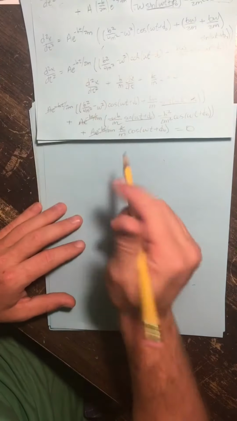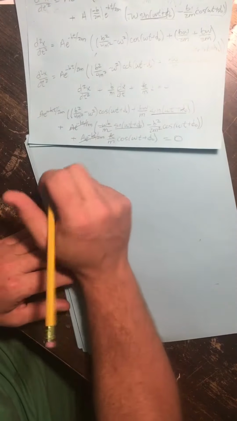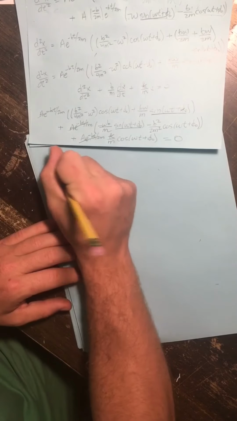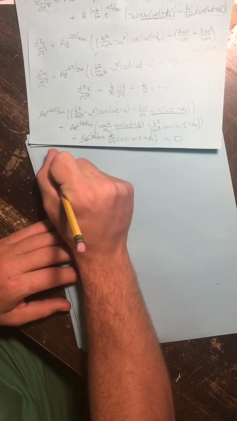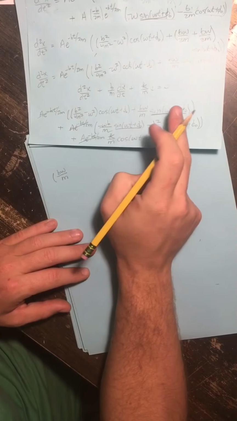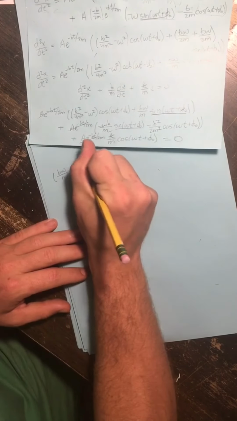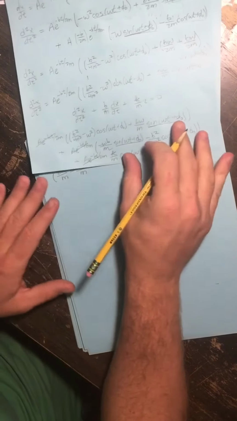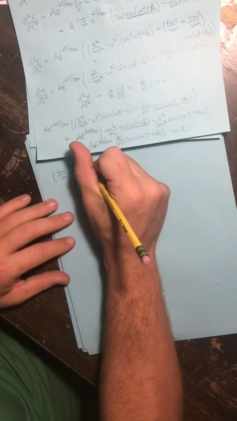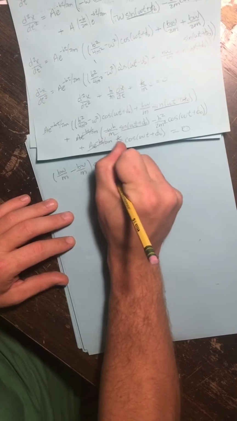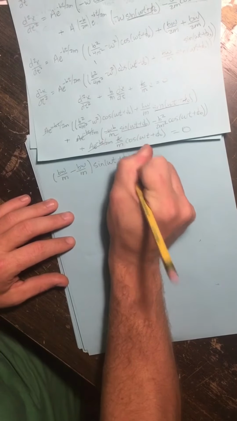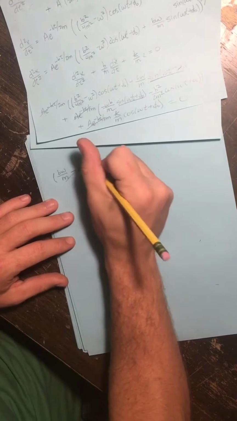With the sine terms, we're going to have b omega over m times sine omega t right here, and then minus b omega over m times sine omega t down here. So the sine terms actually cancel.